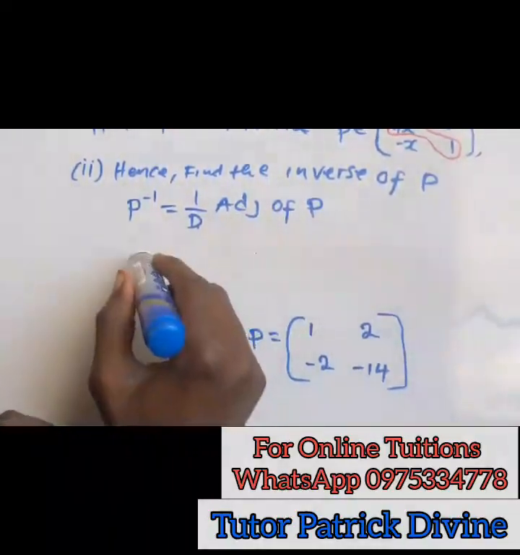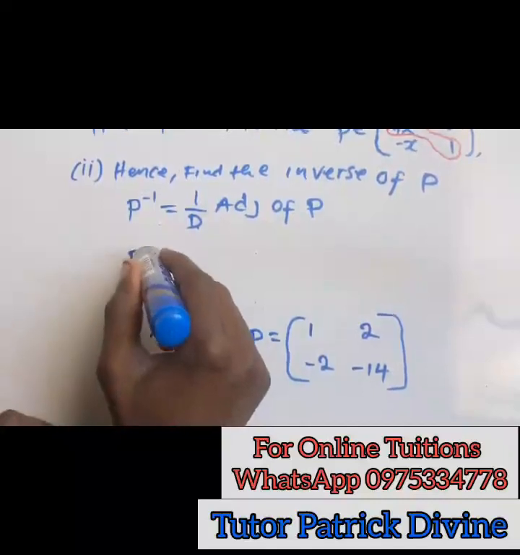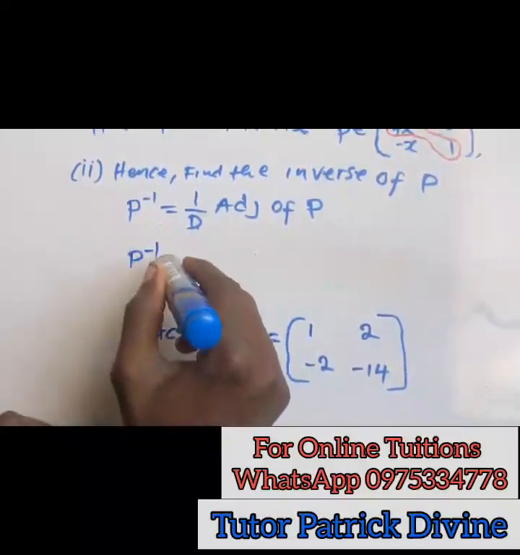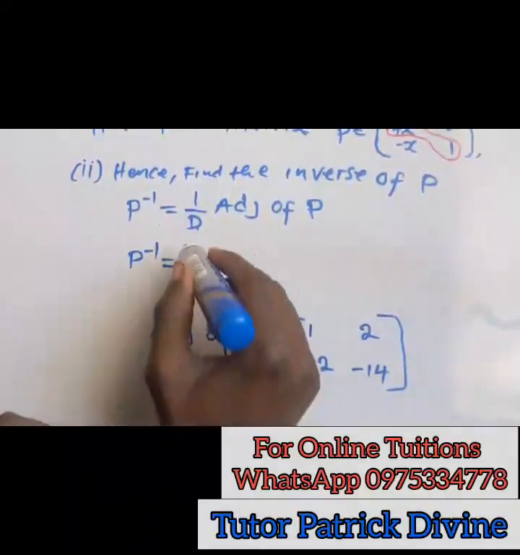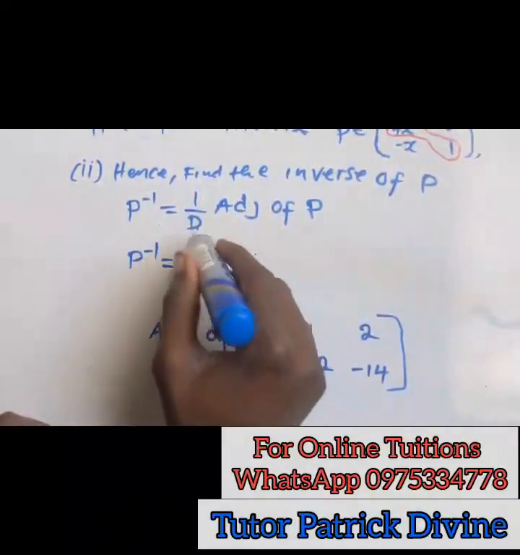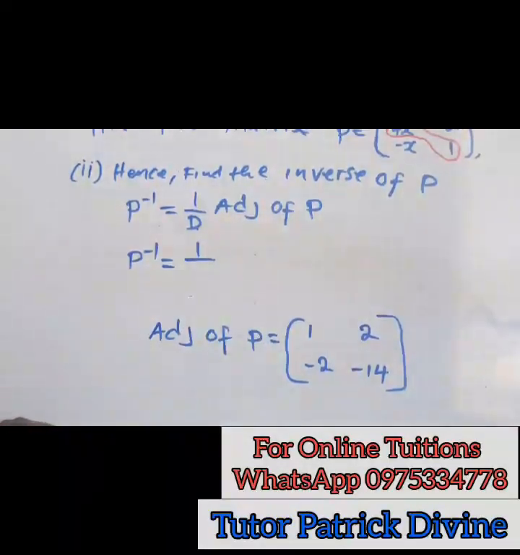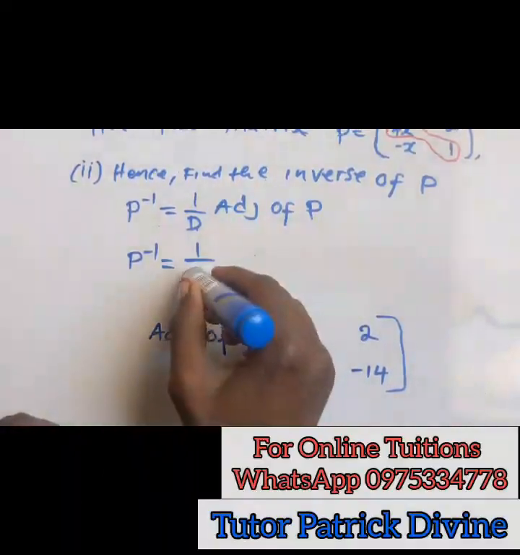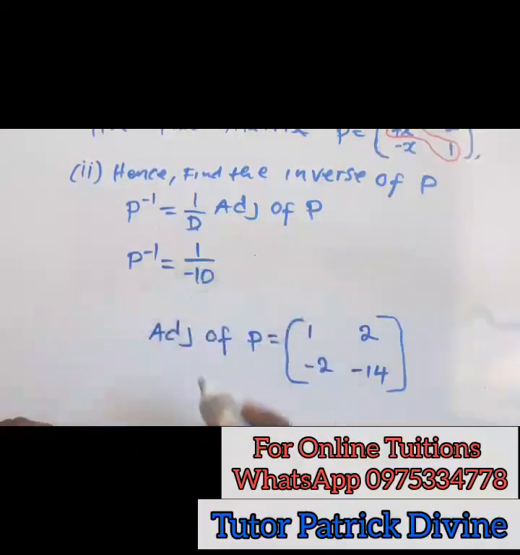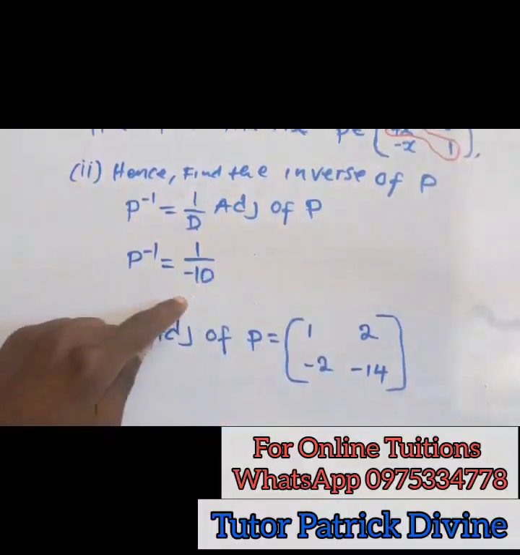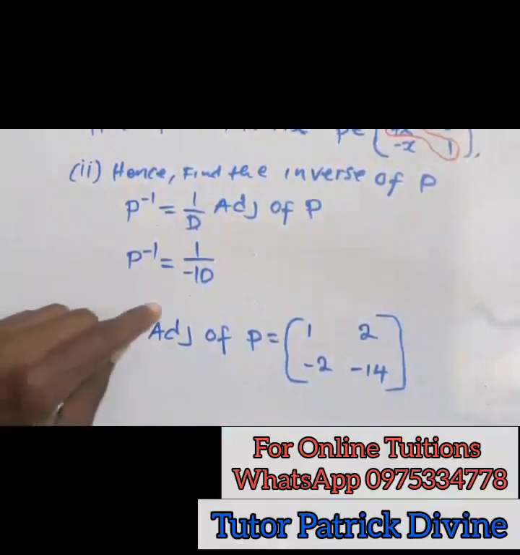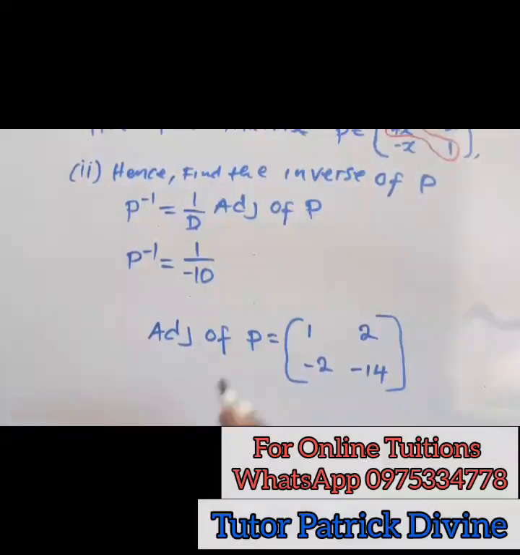So you're going to say the inverse of P is equal to 1 over, what is our determinant? In the question they told us that the determinant of P is negative 10. So you say negative 10. Don't put the value of x here. Most students make the mistake of putting the value of x under the determinant.